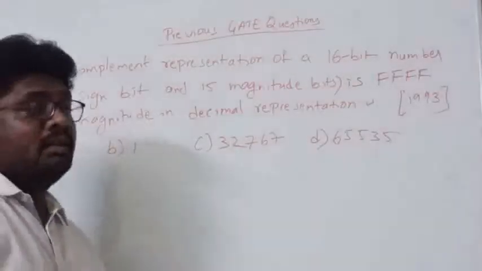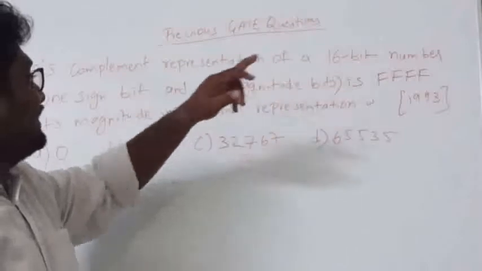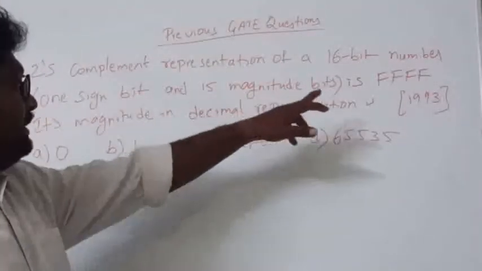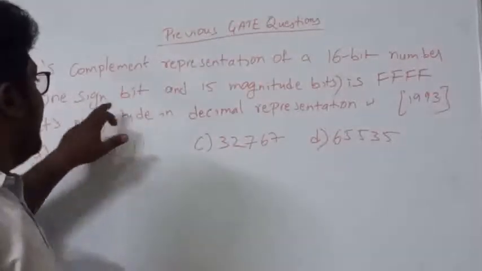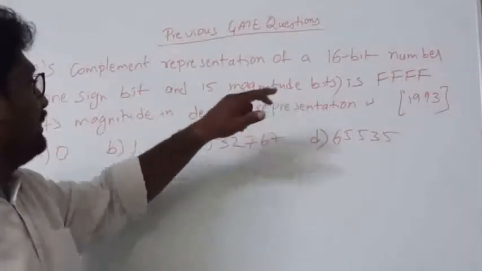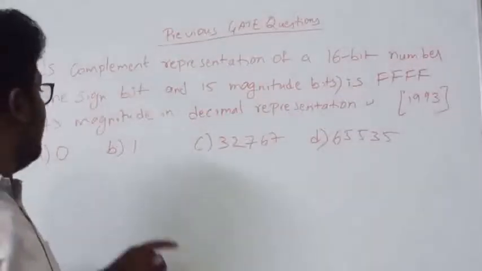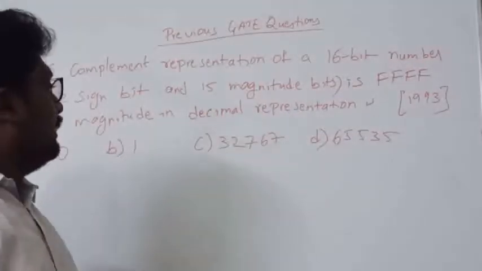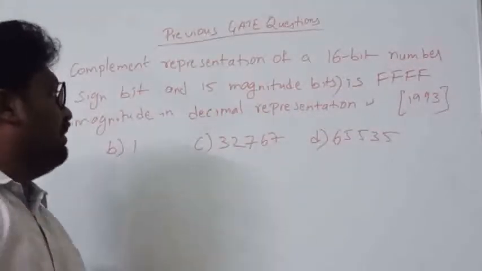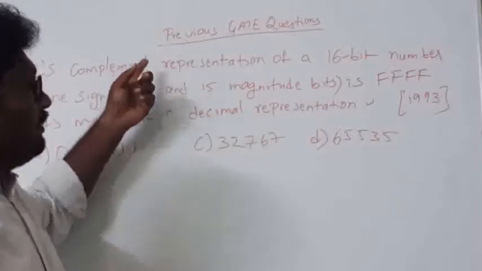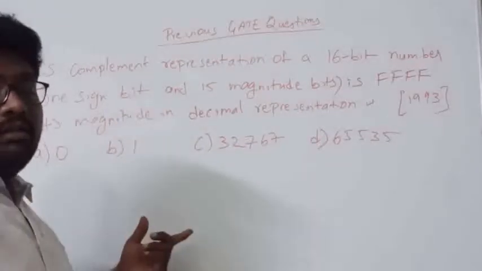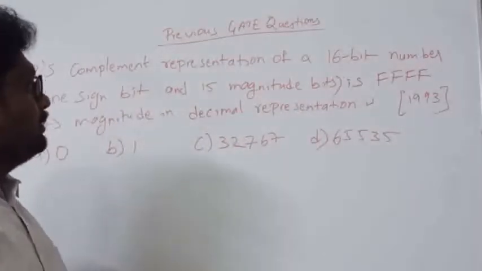Next question: the 2's complement representation of a 16-bit number is FFFF, where one is a sign bit and the remaining 15 bits are the magnitude bits, and its magnitude in decimal representation is. So now we need to find the magnitude of the 2's complement number given.